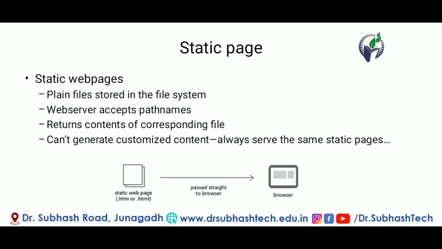So this is predefined. You just have to execute it and the output is displayed. These are plain files stored in the file system, which is what we call static web pages. The web server accepts path names and returns the content of the corresponding file. It can't generate customized content and always serves the same static page.